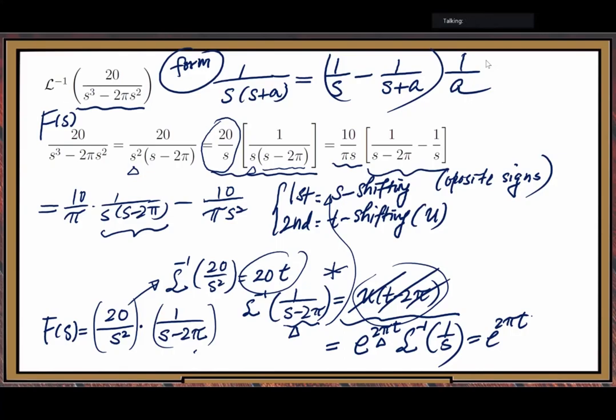And T shifting, same sign. Not opposite. So that's something like this. Let me use this way: e to the pi S over S squared.